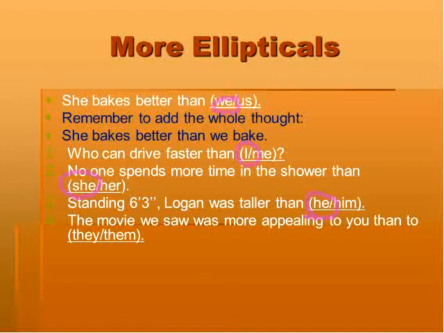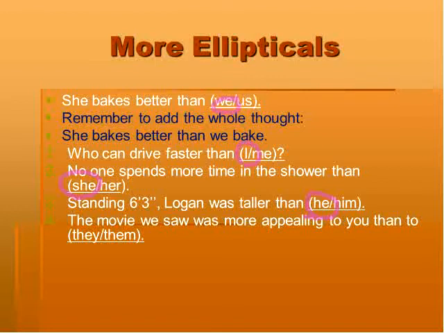So the verb in number 3 is standing. Taller. Because standing 6'3" is just kind of information about the person. So Logan was taller than he was taller. Or than he was.